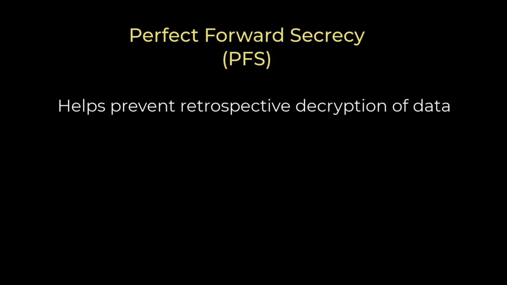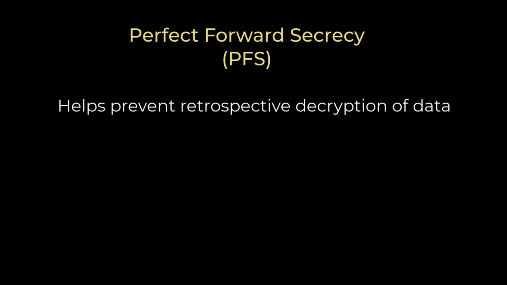Another key feature of TLS 1.3 that hinders visibility is the enforcement of perfect forward secrecy, or PFS. This cryptographic principle ensures that every session uses a unique ephemeral key for encryption, and these keys are discarded after the session ends.